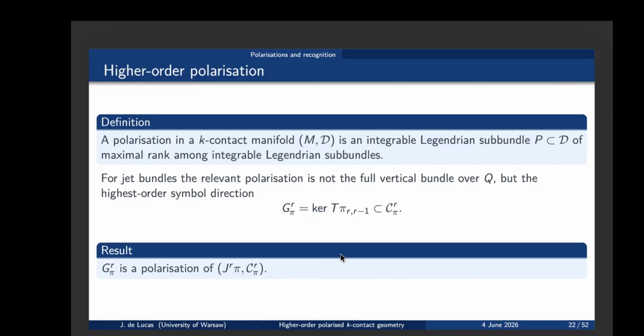In K-contact geometry, we have a notion of Legendre, we have orthogonals and things like that, and the way is the usual one. When we have the differential of the contact form, the differential of the contact form, and a certain subspace, we can look for the orthogonal, all the elements that vanish on it.